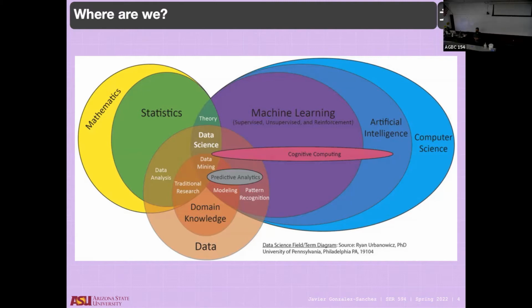Good. Now, obviously, what you need to know in order to do machine learning, even though we are not going to go into the details, you're going to notice, is all those elements in different colors. If you want to go to machine learning from the point of view of computer science, obviously you need to know data science. And I am talking about statistics.